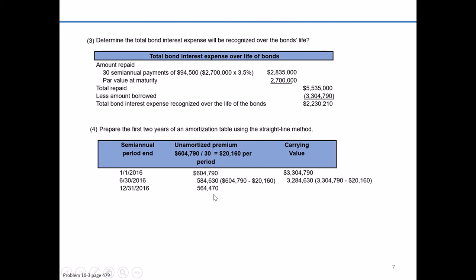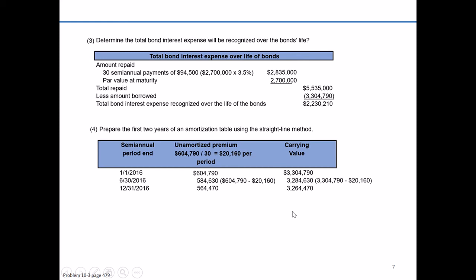As of the end of December, I'm going to subtract out another $20,160 that we amortize, bringing our unamortized premium down to $564,470. Again, our carrying value, recalculating it, it's bringing it down again a little bit more by $20,160 down to $3,264,470.